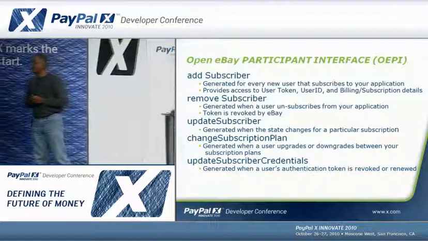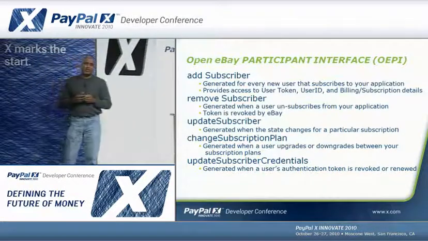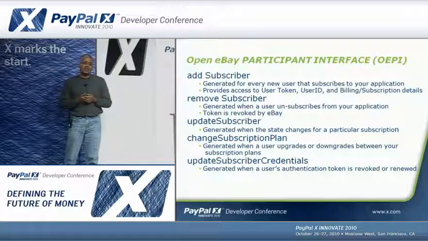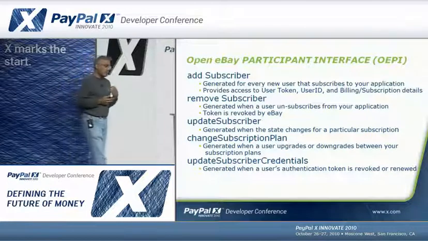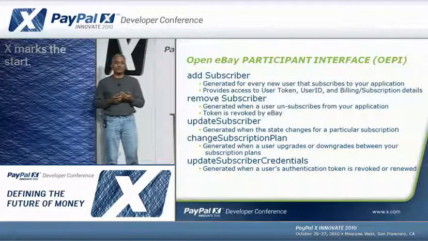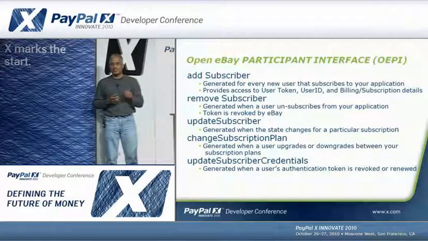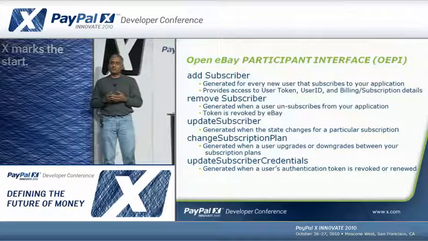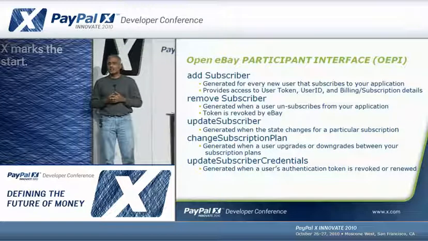The participant interface has about half a dozen operations. You simply implement a web service, another industry standard, which implements these functions. And we would call you when interesting events happen on our side. When a new subscriber walks in and says, I want to use this app, we'll let you know. So you can do things such as provisioning a new account in your system to match the seller's need.